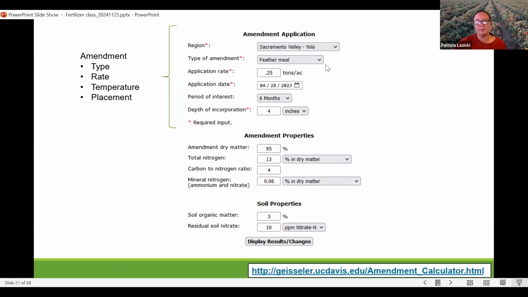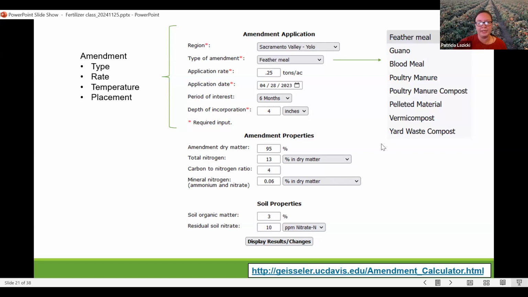So that will help it adjust for the temperature. You choose the material, and there's several that are supported. Notice liquids, however, unfortunately are not. Poultry manure is one of the ones supported, and I know there were some questions about that.